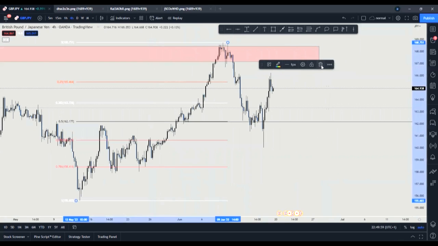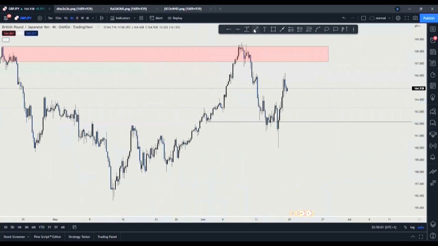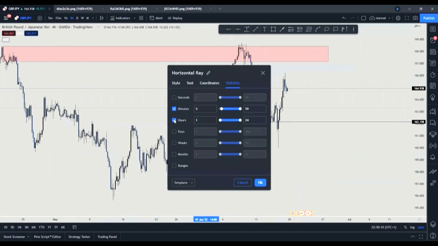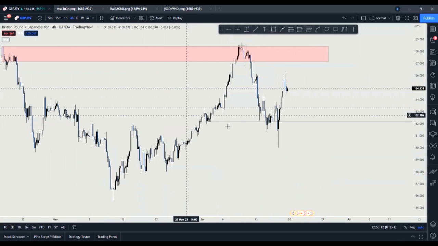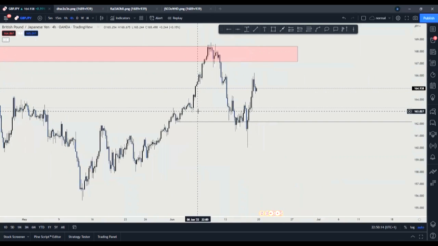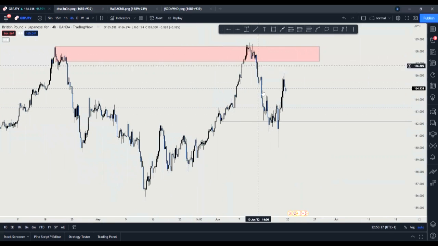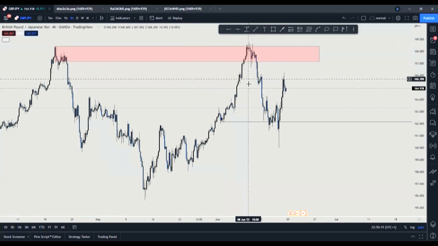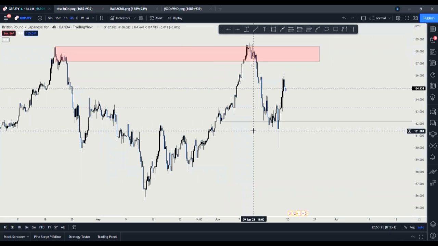This is a 500 pip range. We'll keep this on the 15-minute so you guys can see it, and eventually we can see how you could have played this move to the downside. This would be a perfectly good target.